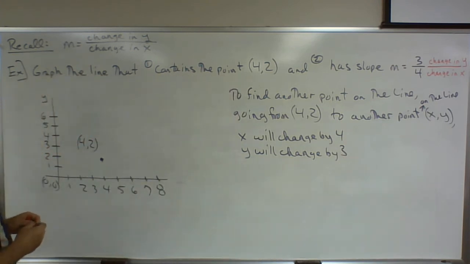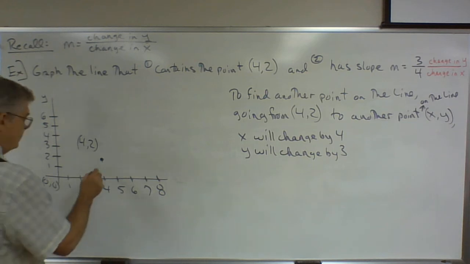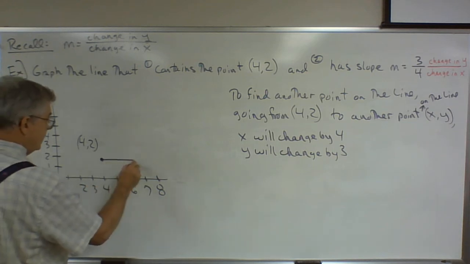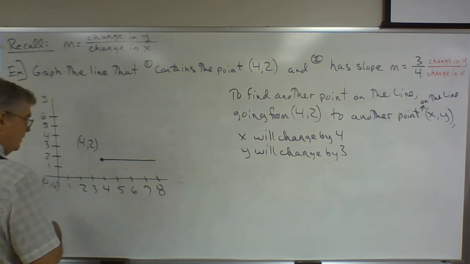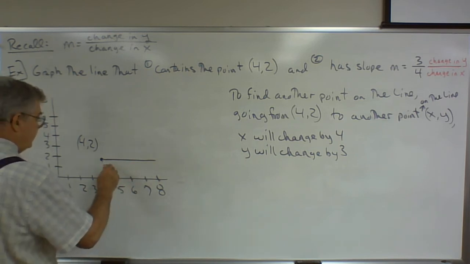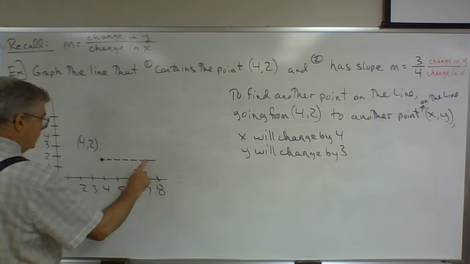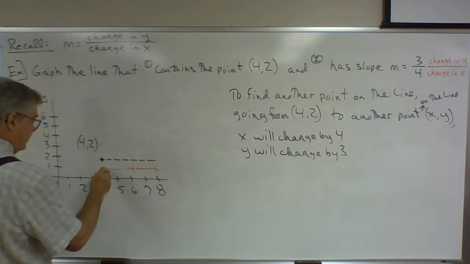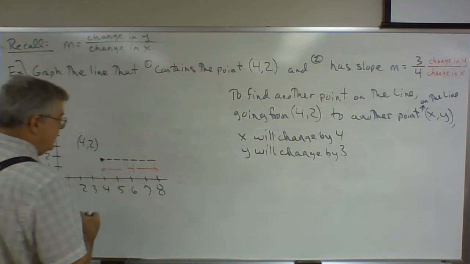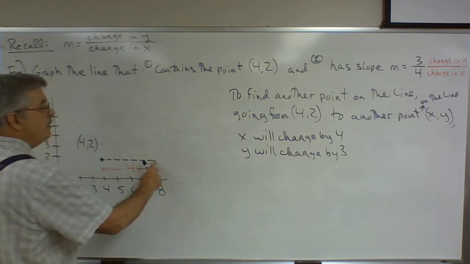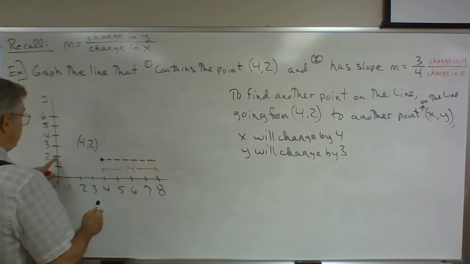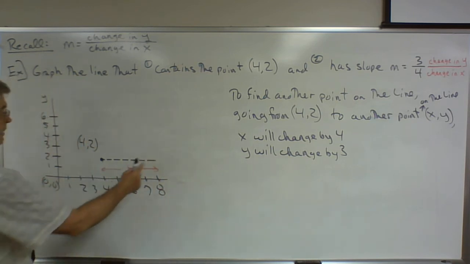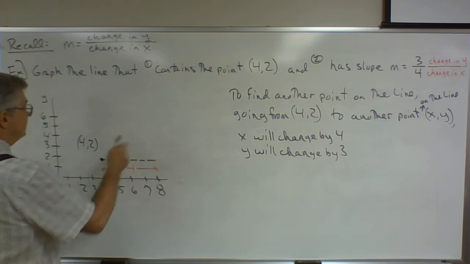So let's see, if x changes by 4, going from 4 to 8, x just changed by 4. And now going from here, y is supposed to change by 3. So we're going from 2 up 3 units to 5.